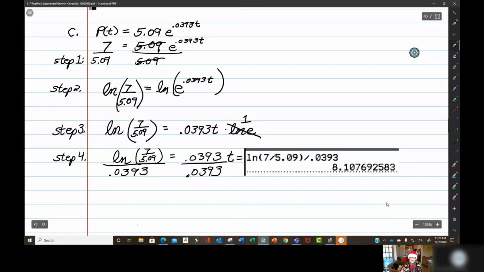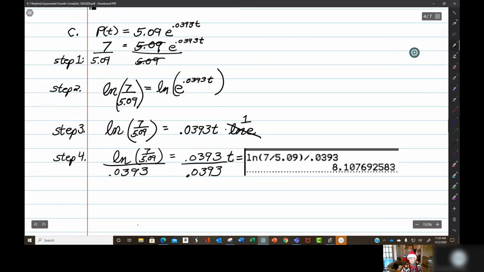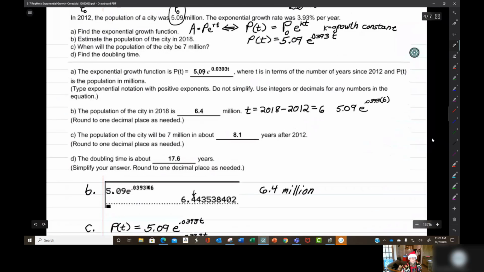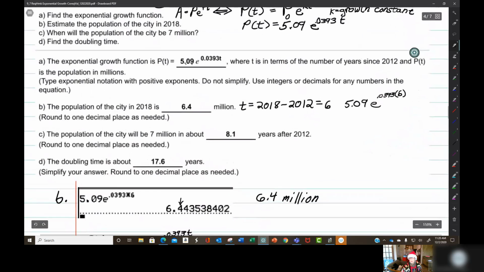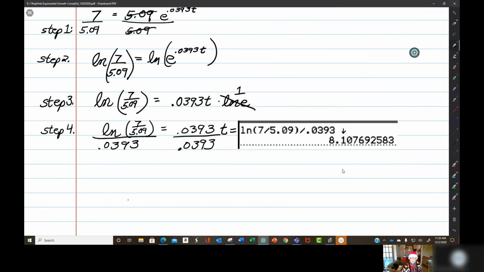Boom. And what do they say? I really should always look first and see how many decimal places you're supposed to round to. I didn't. Okay, round to 1 decimal place. So that's going to be 8.1, easy to see because 0 is definitely not going to cause the 1 to round up. So that's our answer for part C.